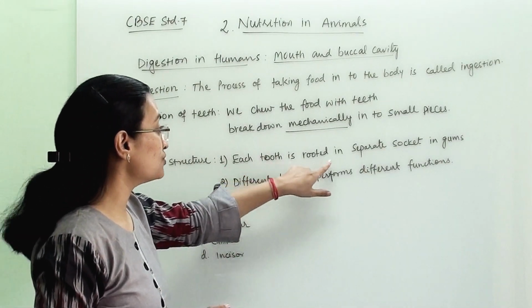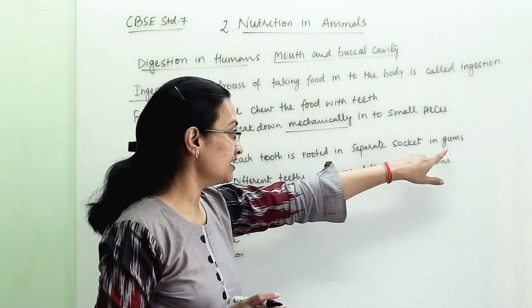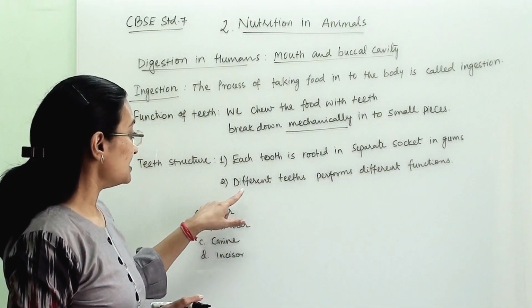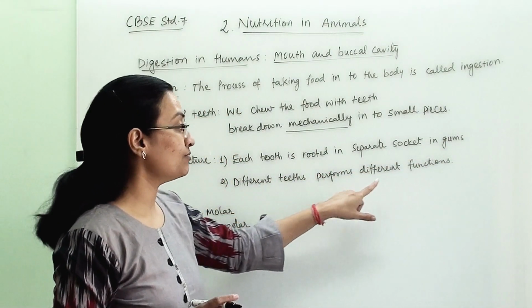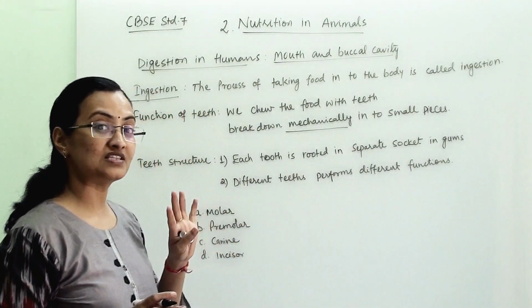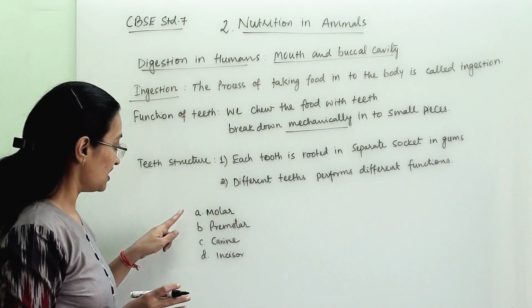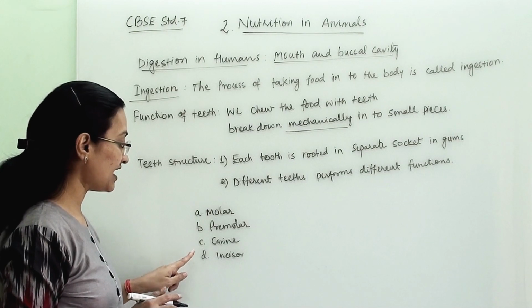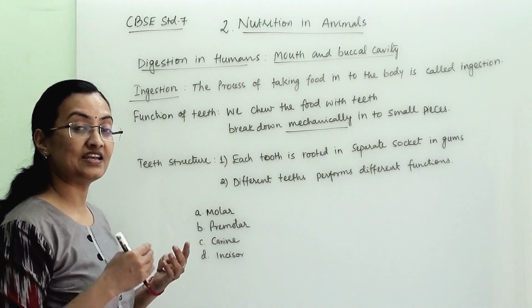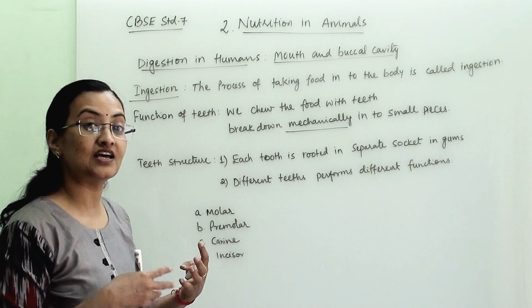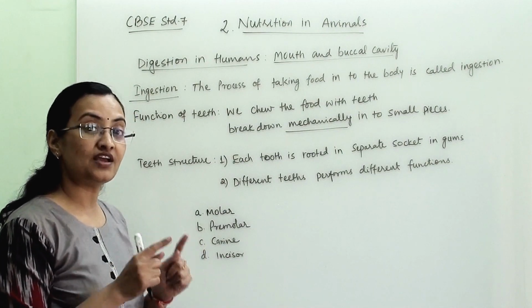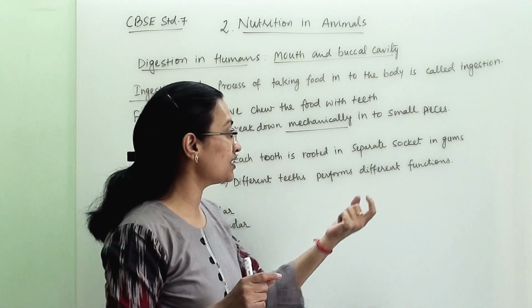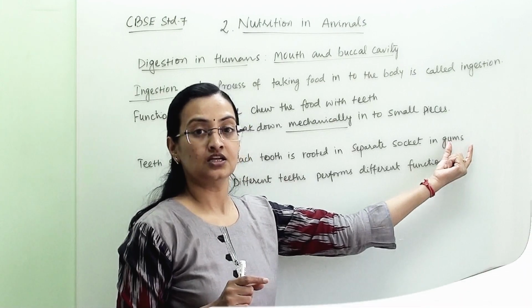Each tooth is rooted in a separate socket in the gums. Second, different teeth perform different functions. There are basically four types of teeth: molar, premolar, canine and incisors. As their names vary, their functions and shapes vary. Each and every one is perfectly rooted in a socket in the gums.